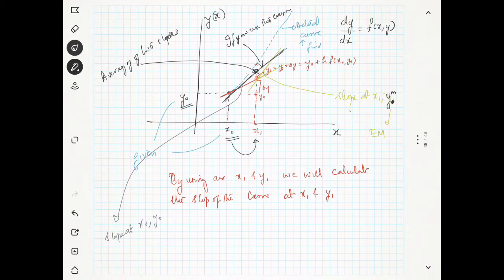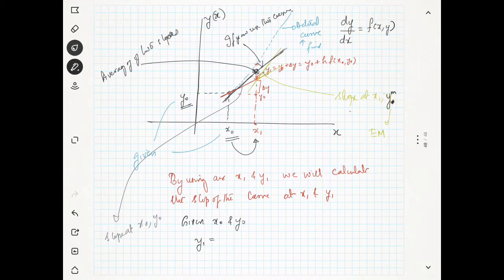So at first it has been given x0 and y0. Now you will find your y1 of m. y1 of m means you will find your y1 by using Euler's method.